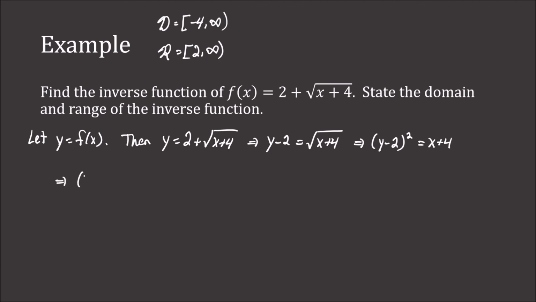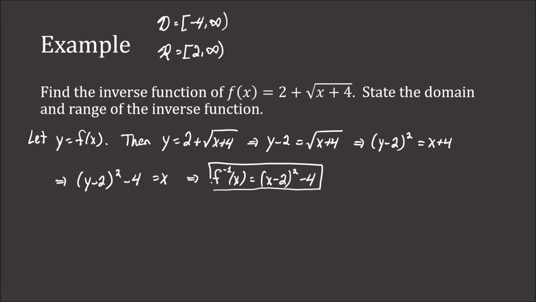And so the quantity of y minus 2 squared minus 4 is equal to x. And so the inverse would be the quantity of x minus 2 squared minus 4. Right? The domain is 2 to infinity, and the range is negative 4 to infinity.